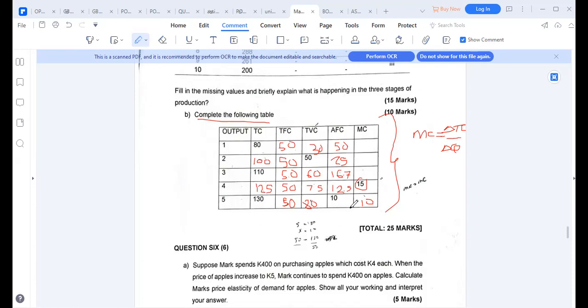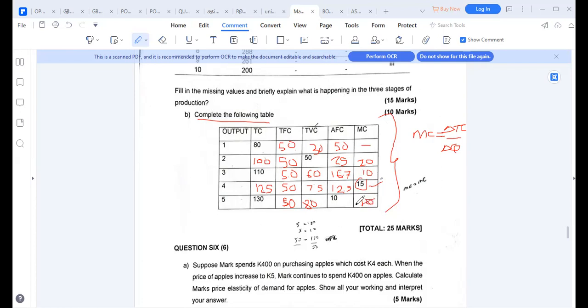Now, how are we getting these marginal figures? The difference in the total cost. The total cost is here. So the first one is always a dash because there's nothing there. So 100 minus 80, what do we get? 20. 110 minus 100, what do we get? 10. 125 minus 110, what do we get? 15. 130 minus 125, what do we get? 5.